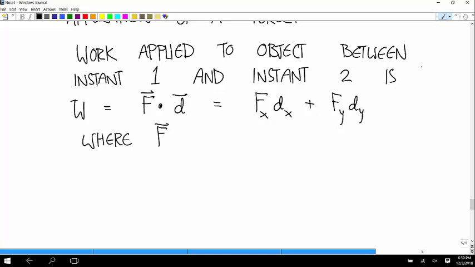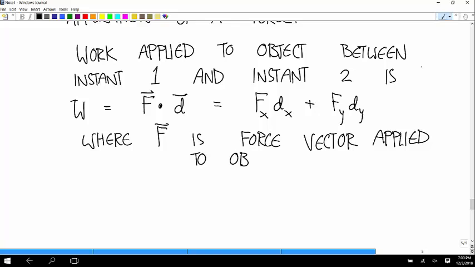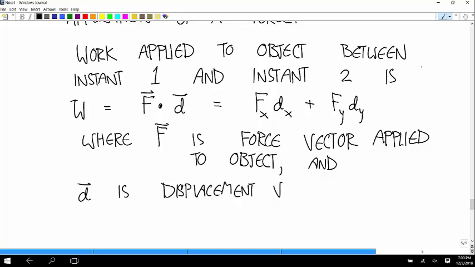Where F vector is the force vector applied to the object, and d is the displacement vector of the object between instant 1 and instant 2.